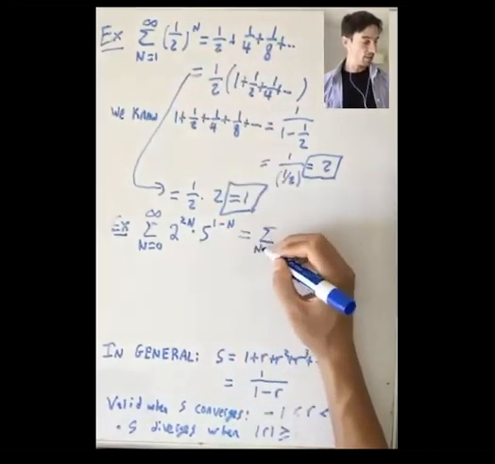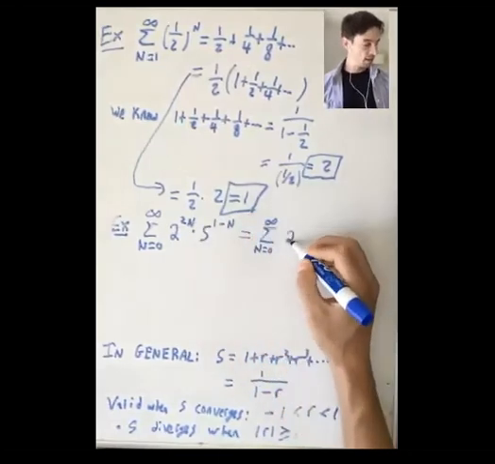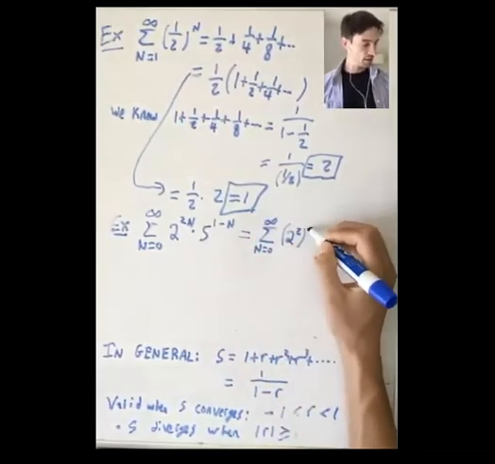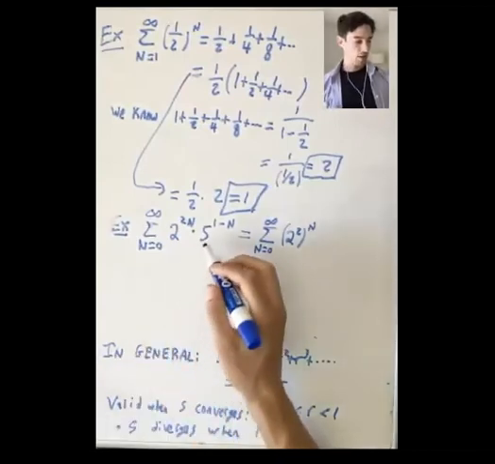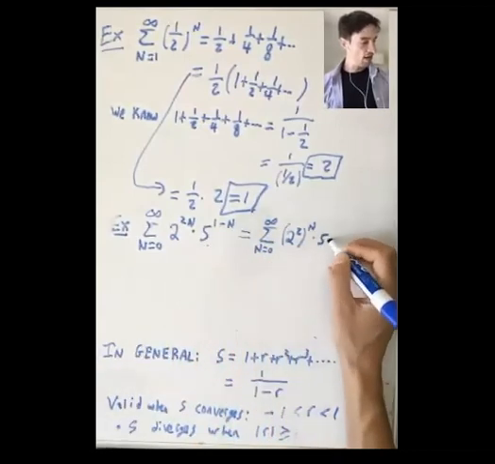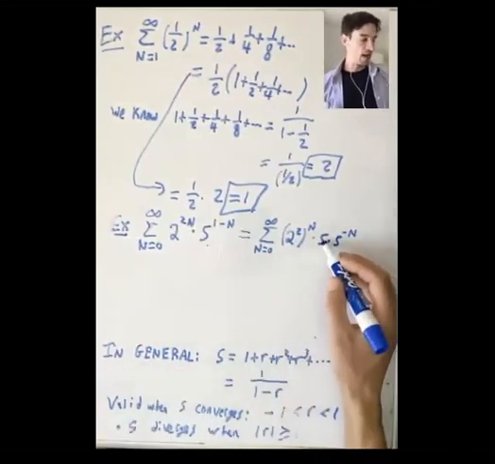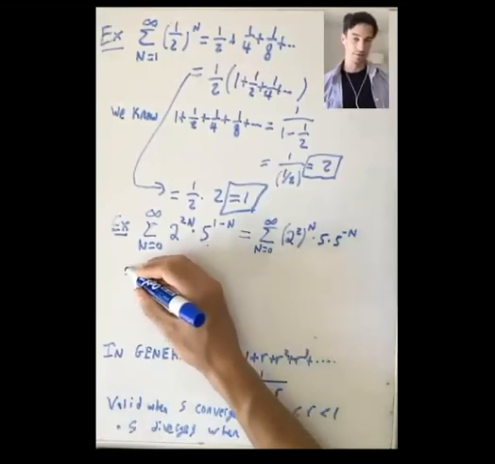So one idea is, what is 2 to the 2n? That's 2 squared to the n. And what is 5 to the 1 minus n? That's 5 times 5 to the minus n. So this 5 we can factor out now.